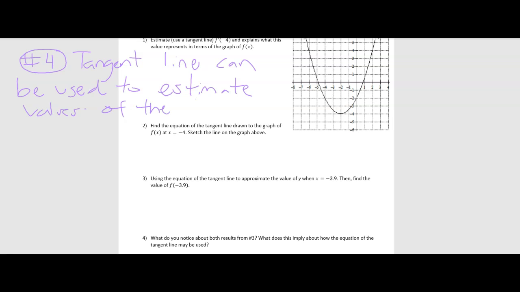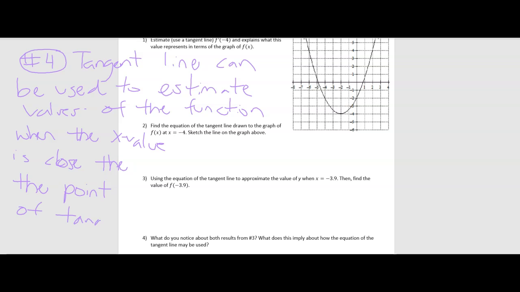So we can say the tangent line, again, this is just an answer to number 4, can be used to estimate values of the function when the x value is close to the point of tangency. Again, this was our answer to number 4.